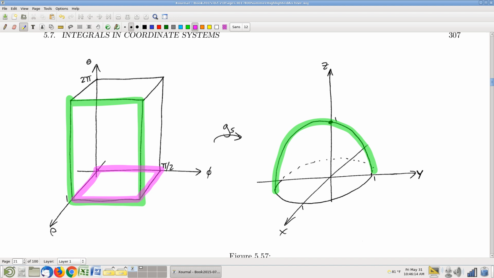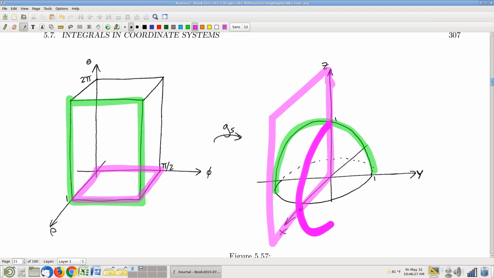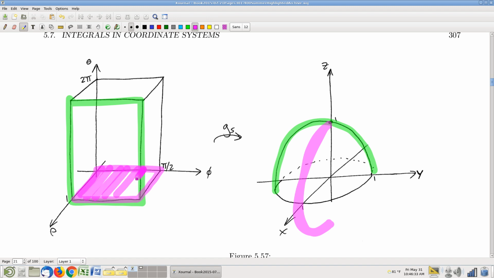So inside of theta equal to 0, I've got rho going from 0 to 1, and then phi going from 0 to pi over 2.